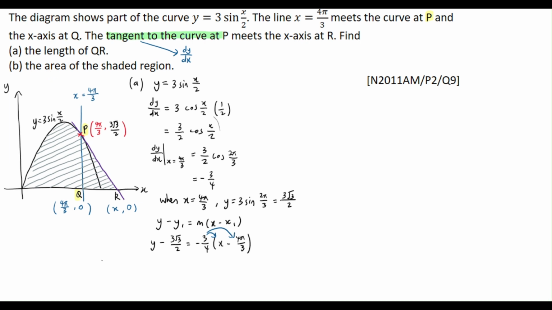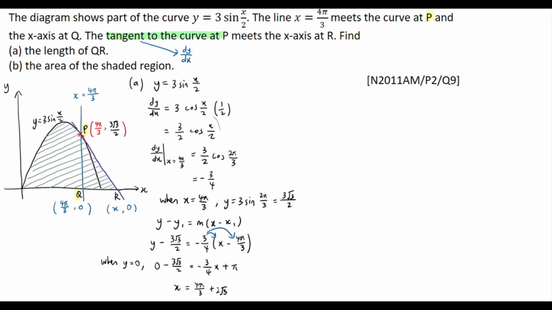In fact, because I want to find the coordinates of R, I will substitute y equals 0, since the y coordinate of R will be 0. So it will be 0 minus 3 root 3 over 2 equals negative 3 over 4 x plus pi. So let's make x the subject, and that would be 4 pi over 3 plus 2 root 3.